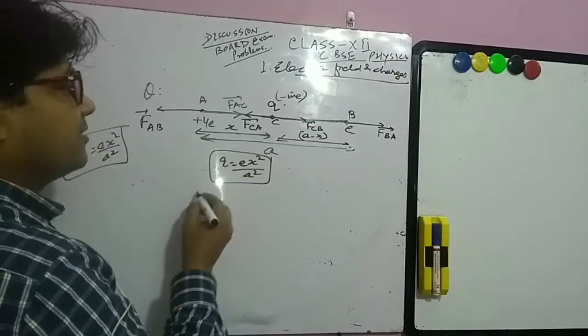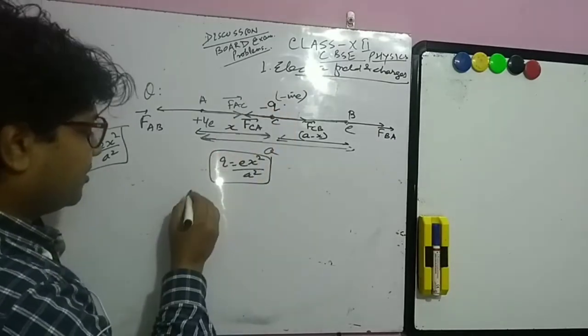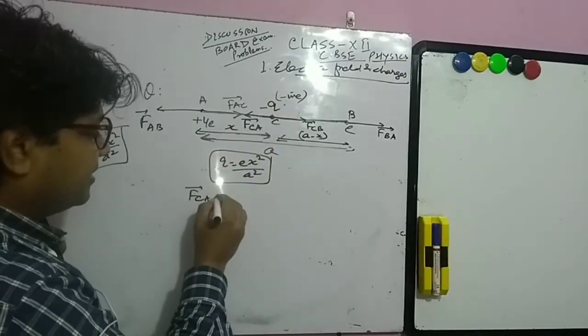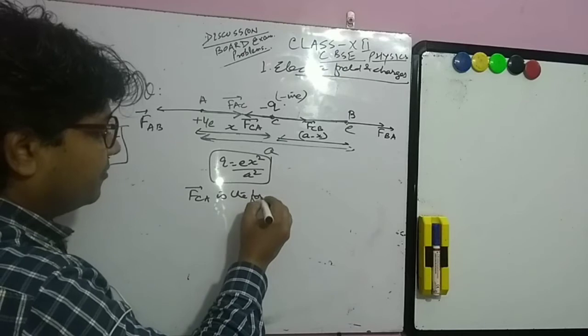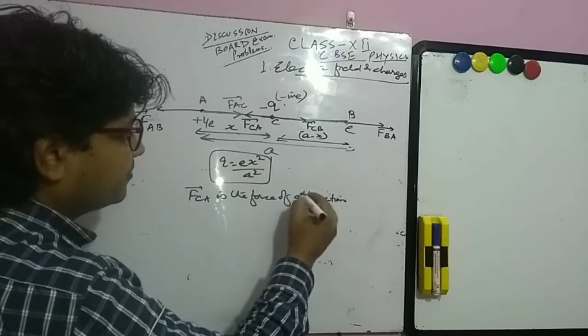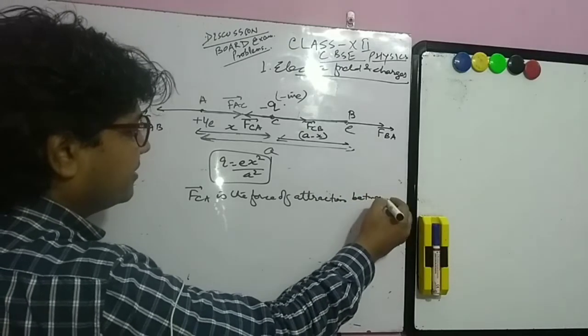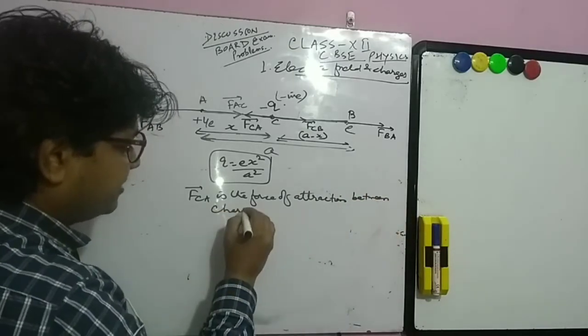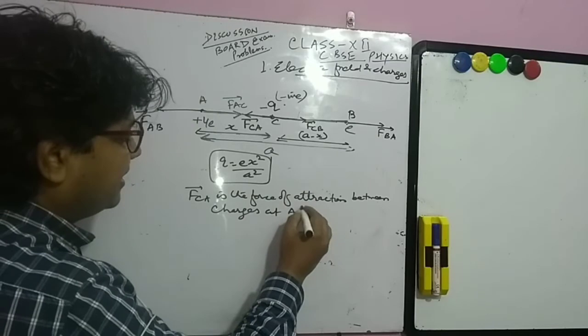So what we can write here, this is negative charge, so FCA is the force of attraction between charges at A and C.